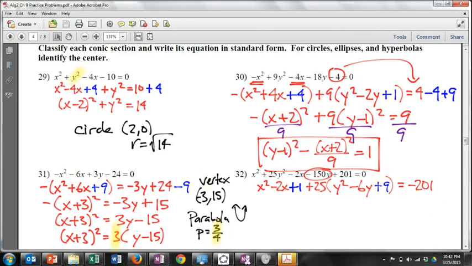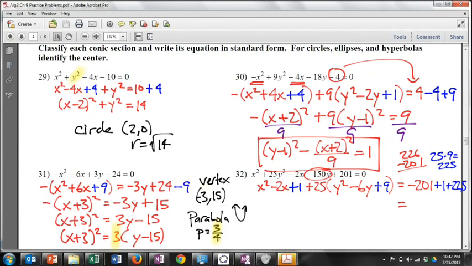So I get negative 201, but I got to keep my equation balanced. I added a 1. And I also added a 25 times a 9. 25 times 9 is equal to 225. So I need to also add 225 here. So then on the right hand side, what do I have? 226, 201.